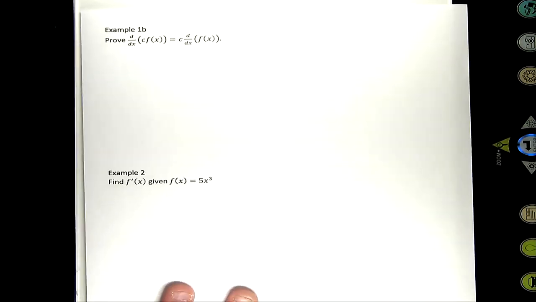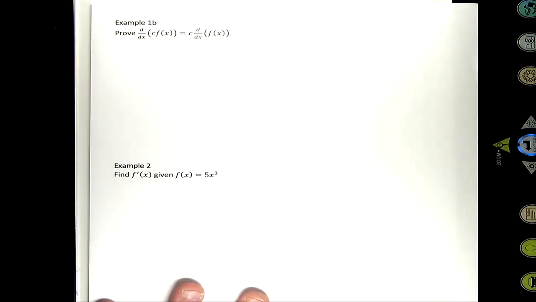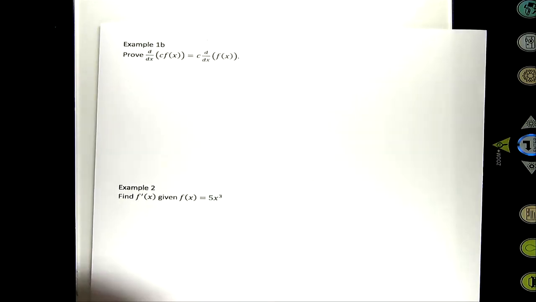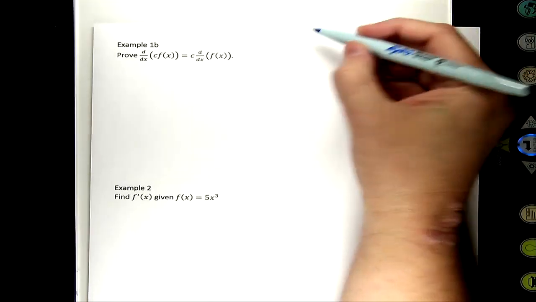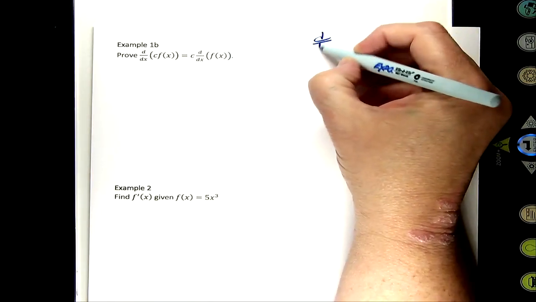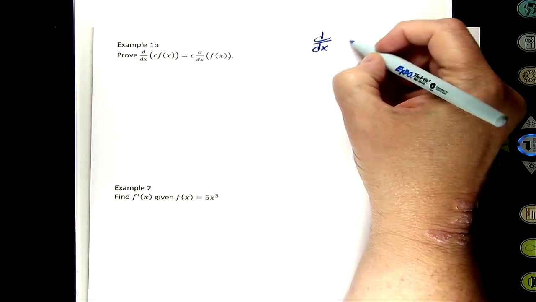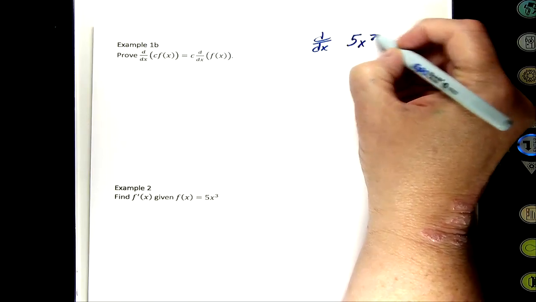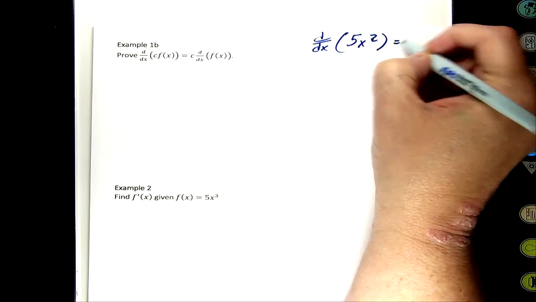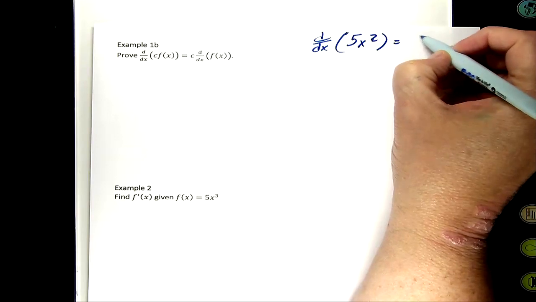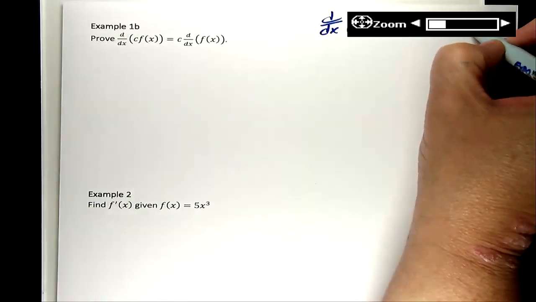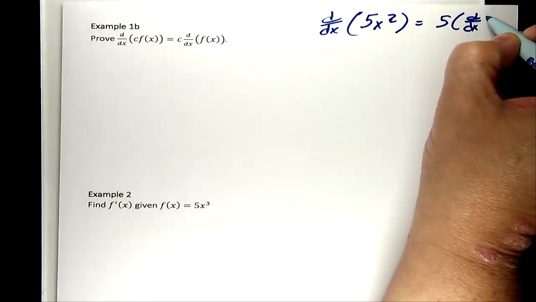All right, let's prove this top line. So this is like saying d/dx of 5x squared is the same thing as 5 times d/dx of x squared.